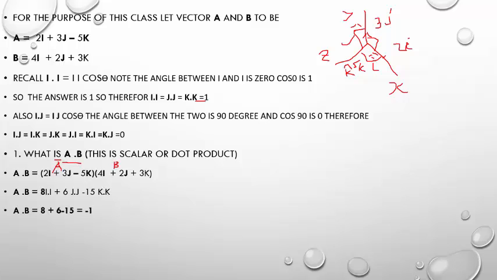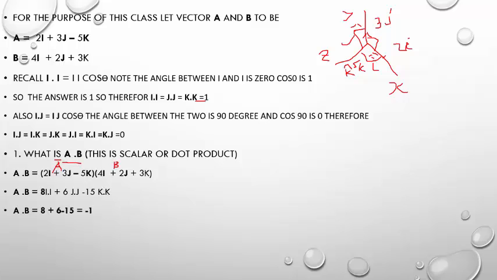3j times 4i, we know that i dot j is equal to 0, so there's no point in writing that. 3j dot 2j will give us 6j dot j. Since we know that j dot j is equal to 1, that will give me 6. Similarly, we do for this. So we only do minus 5k times plus 3k. That will give us 15k dot k, which will give us minus 15.